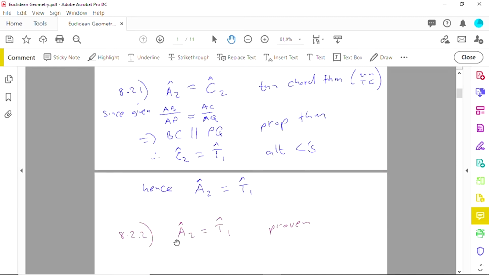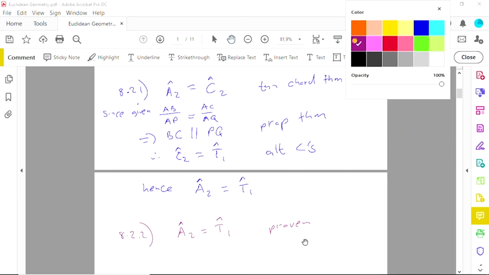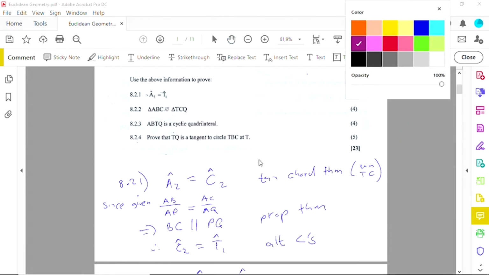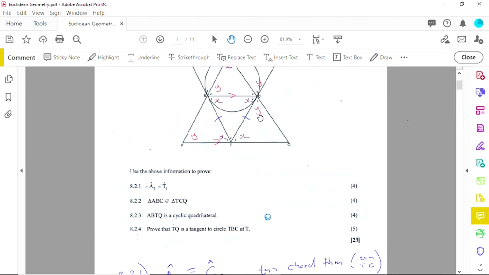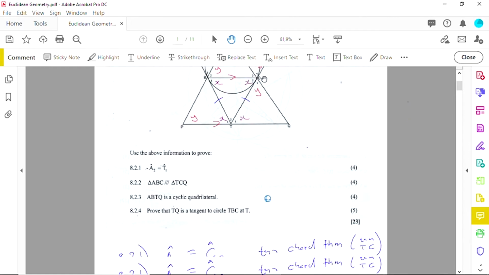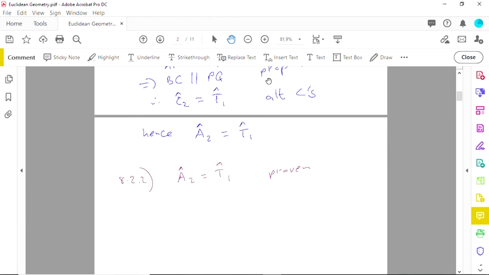So we said A2 is equal to T1, and that was proven. And we said C1 is equal to C4, and those were vertically opposite angles.